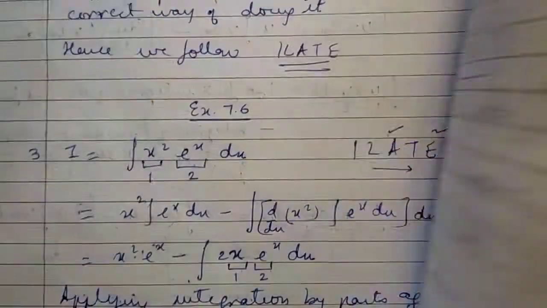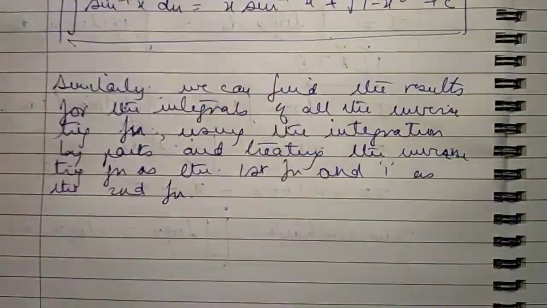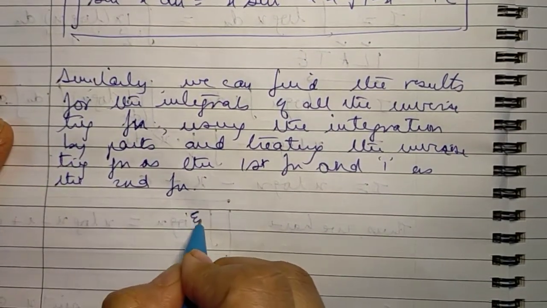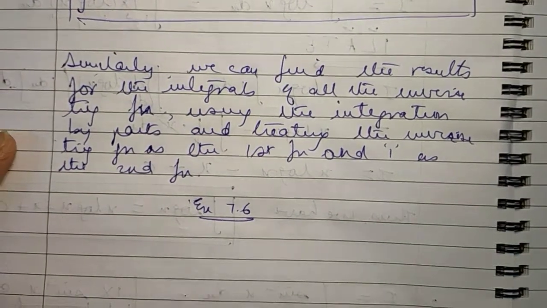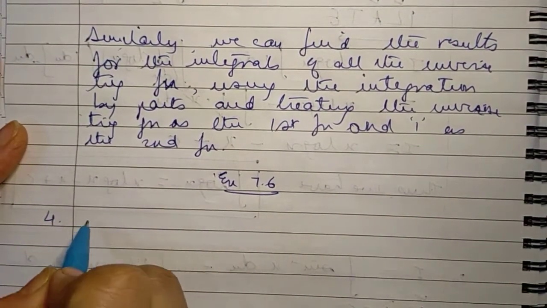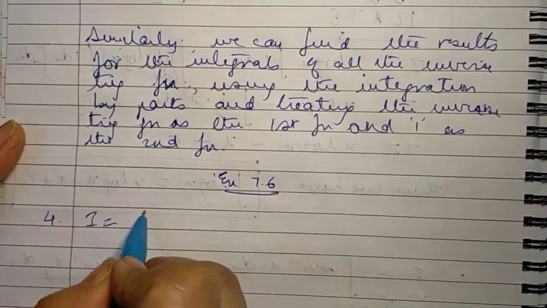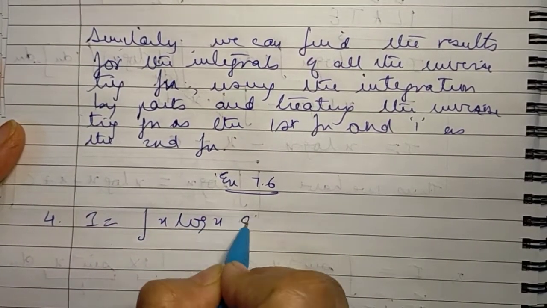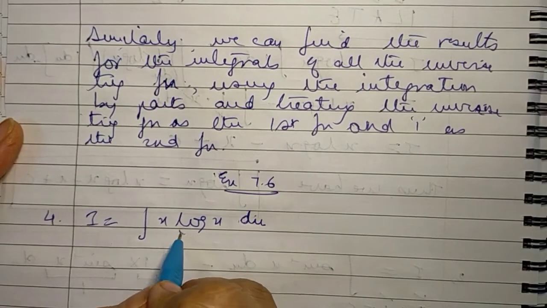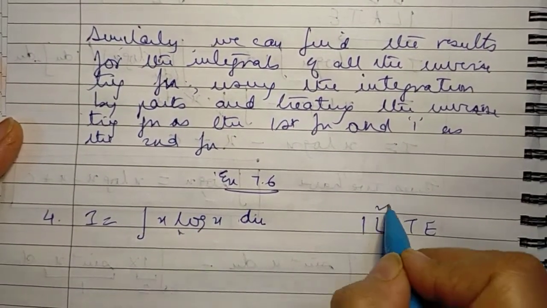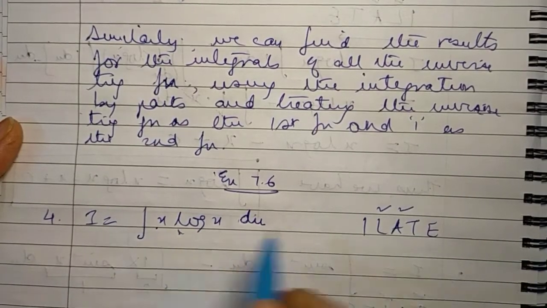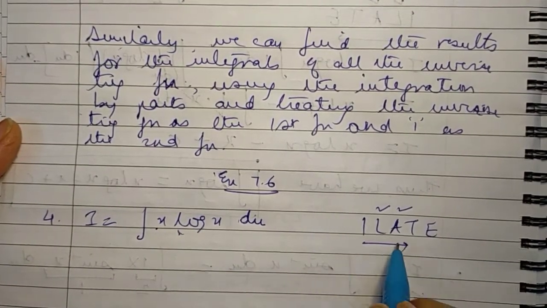And so now if we continue with the exercise 7.6, we can do the other problems also. So suppose I take up question number 4. Okay, now question number 4 says I is equal to integral of x log x dx. Okay, so using ILATE we will take, now here we have one log function and one algebraic function as we move from left to right.